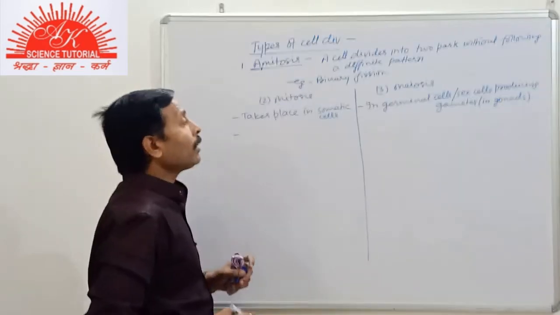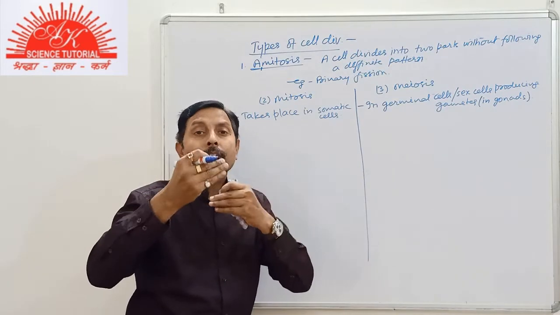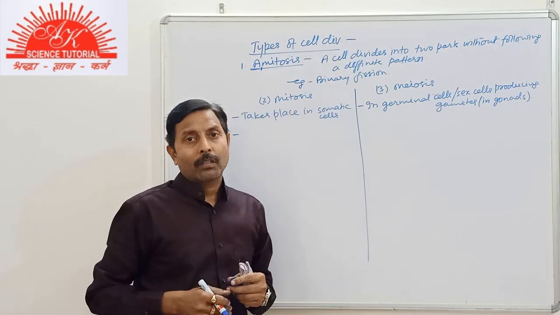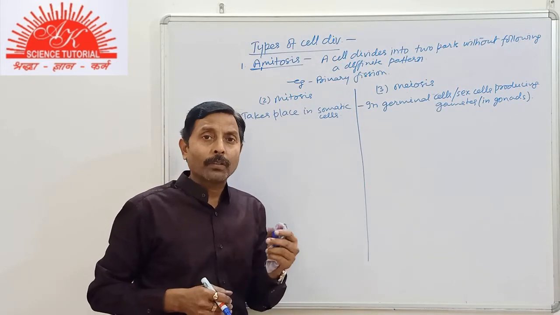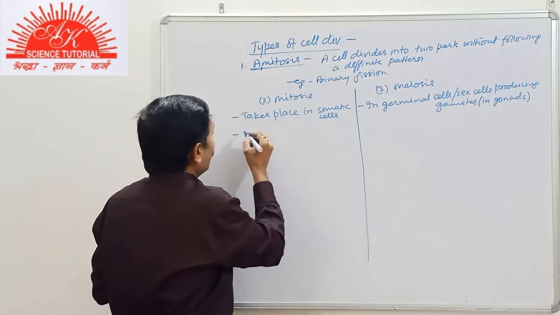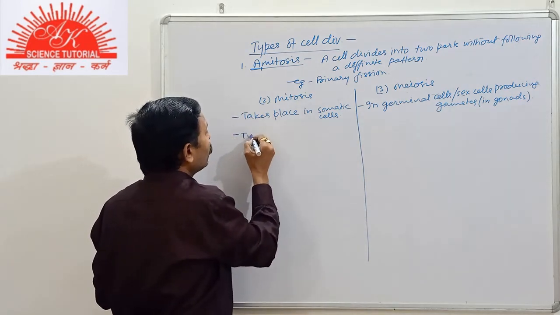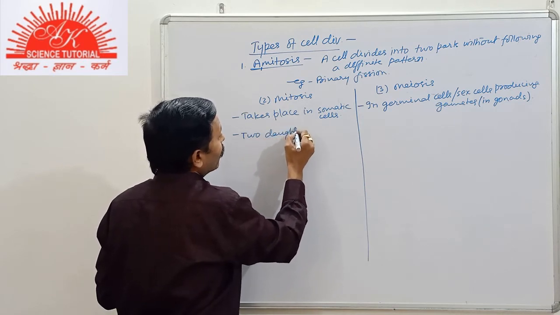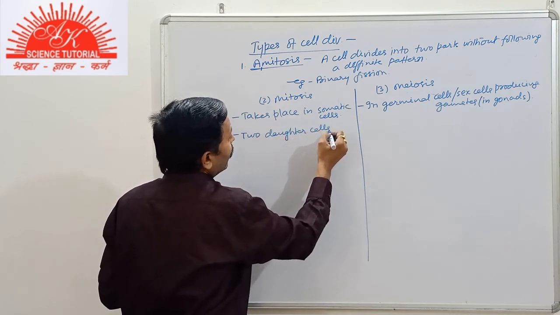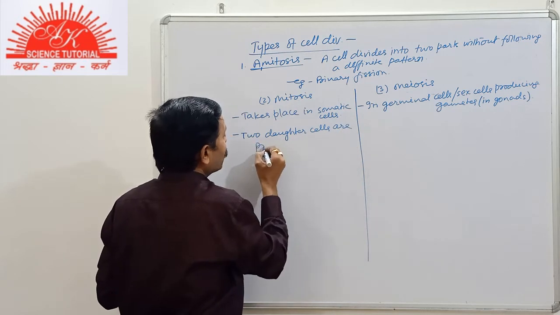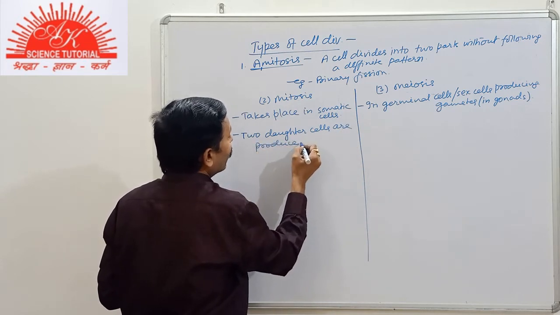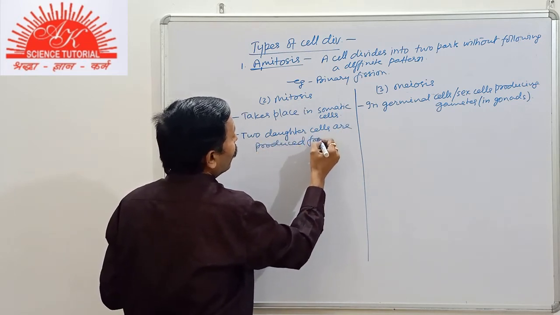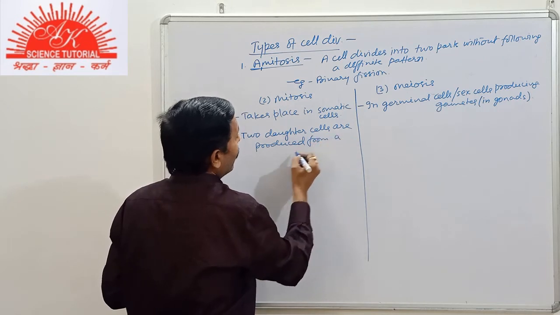Second, the number of daughter cells produced, that is, the new cells produced from the parental cell. Here two daughter cells are produced from a parental cell.